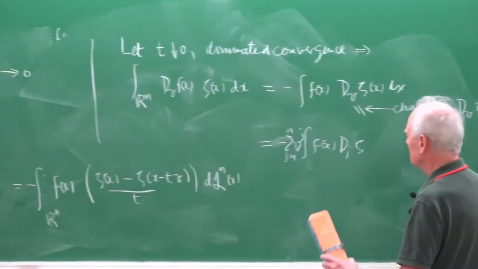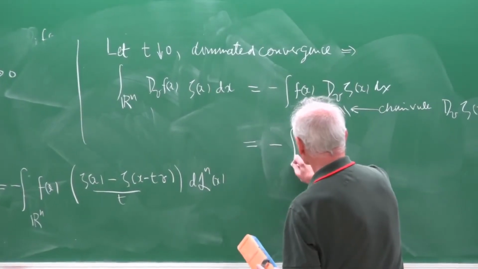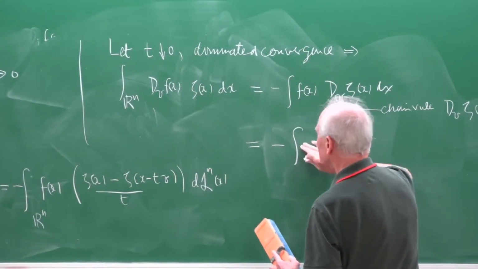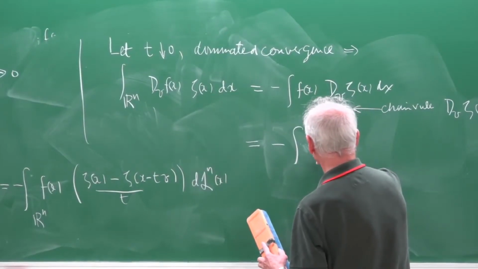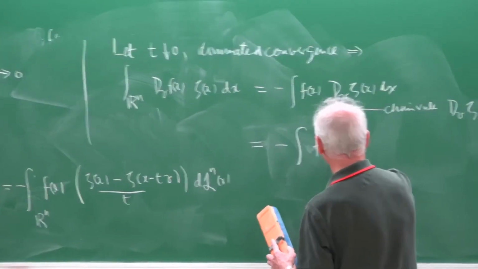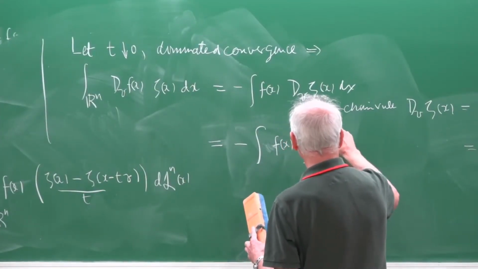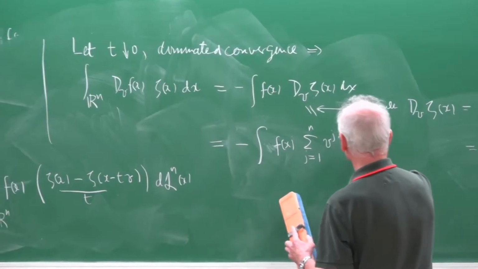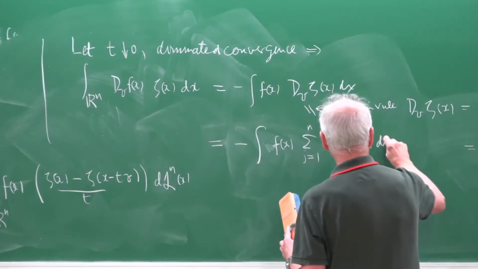Now, let me write this as minus the sum, minus f of x times the sum j equals 1 up to n, vj dj zeta of x dx.